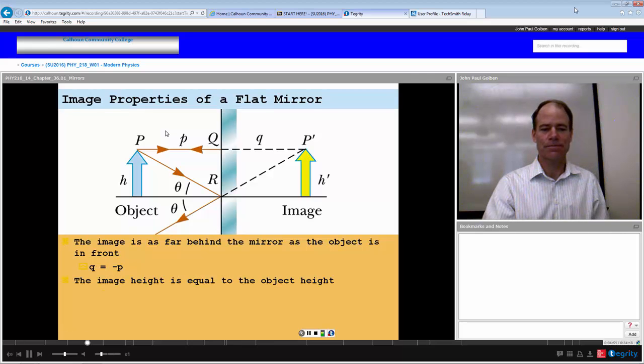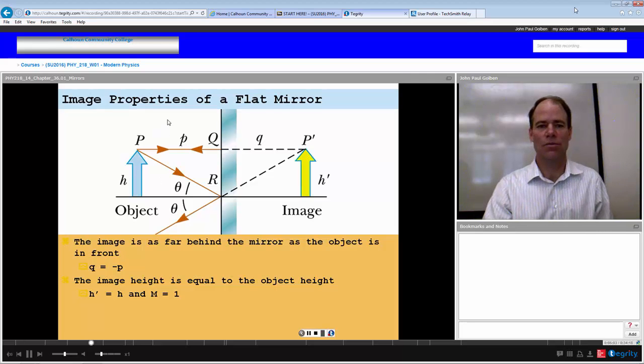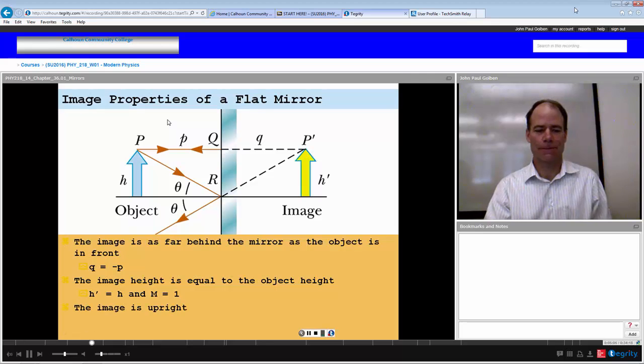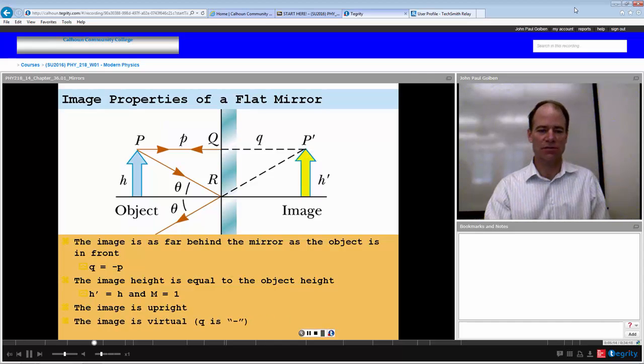The image height is equal to the object height. And so we would have that the image height is equal to h, and our magnification is equal to 1. Image is upright. Well, more on this a little bit later. But the upright just means we have a magnification of positive 1. And the image is virtual.